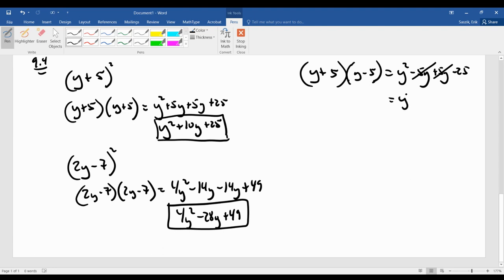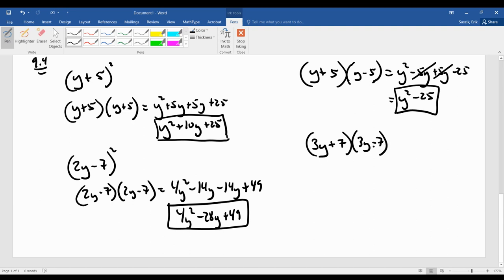So you can go straight to that. If you see this in the future, the same exact stuff, but one's plus, one's minus, just square this first term, square this last term, and stick a negative in between. Okay? So watch this. Like if I had 3y plus 7 times 3y minus 7.